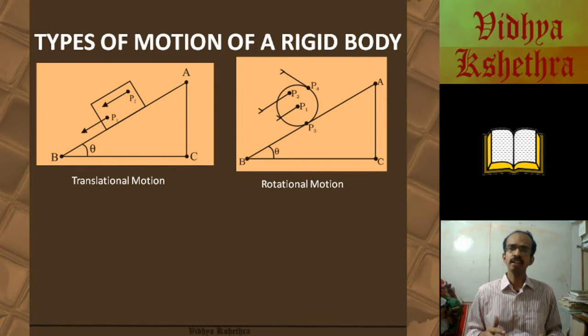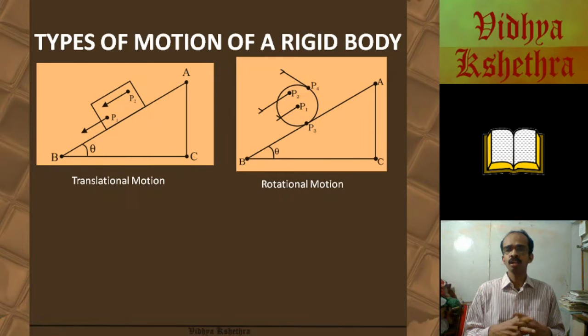Then another type is the rotational motion. In this case, a rolling body is coming down the inclined plane. The body is rotating about an axis which is passing through the center of the body. That is rotational motion.